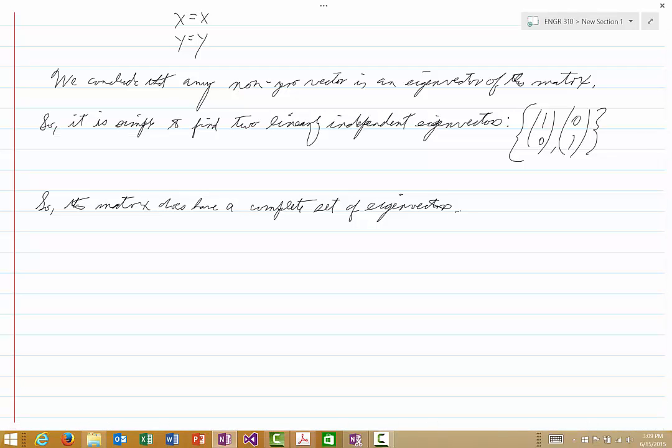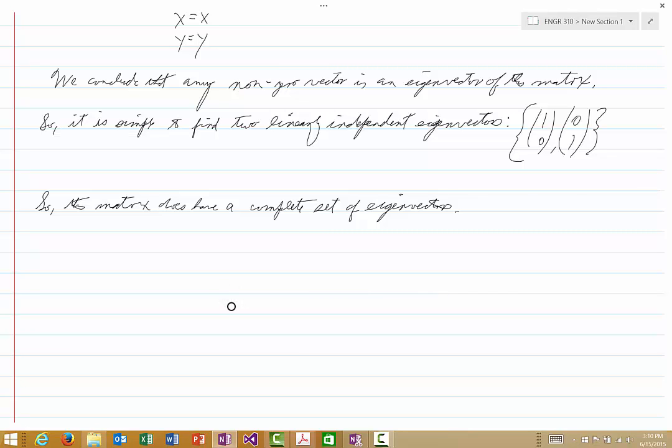Now let's look at one more example, and then we'll look at some problems for this section. So let's look perhaps at problem 4.